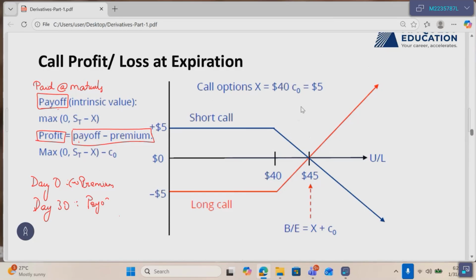Now remember, payoff will always be positive or zero because I'll never lose. So what is payoff minus premium? That net amount is called the net profit. So in the exam, if they say compute the profit, you have to find the payoff and the premium and subtract. If they say compute the payoff, do not subtract the premium. Is that clear?